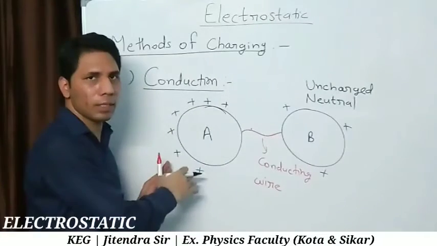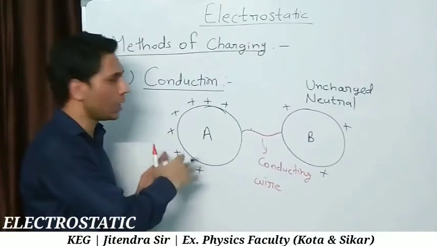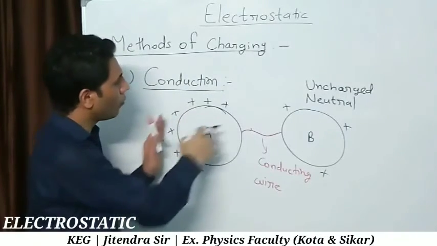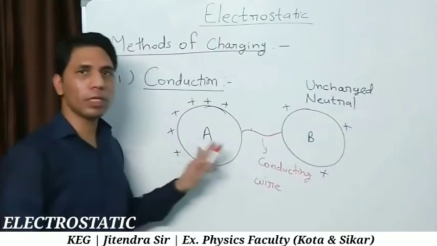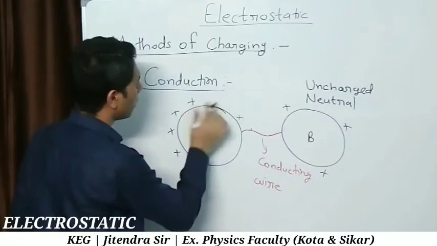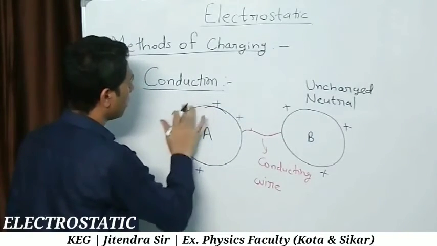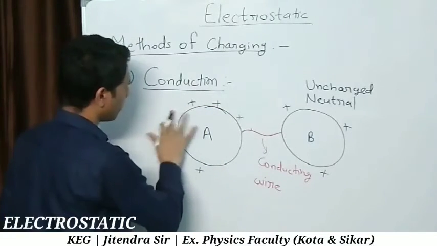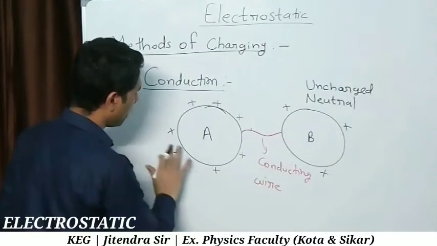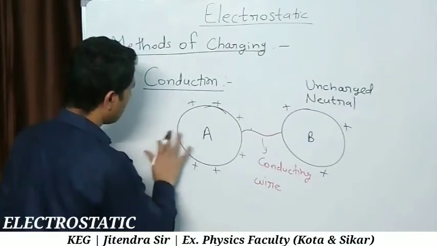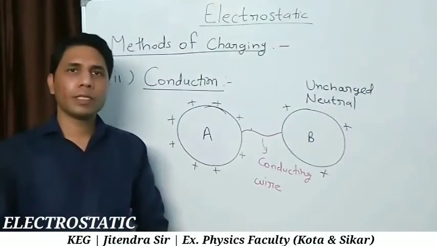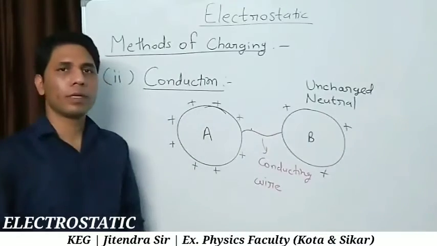They will not remain placed here as previously; they will move or shift uniformly on this body. So this charge will come here, this charge will come here, and so on. So students, this is the process of conduction.